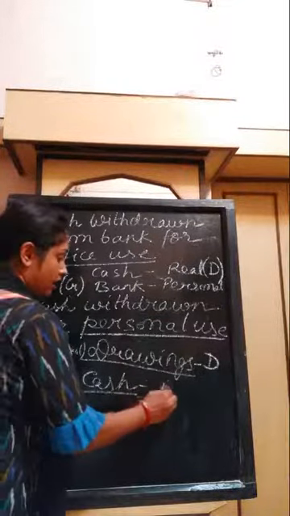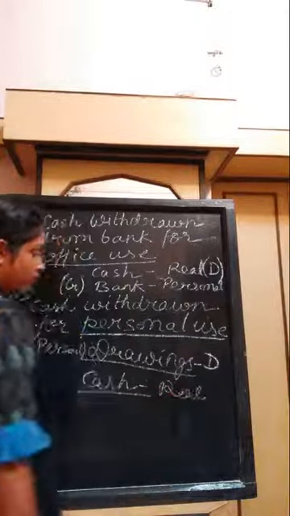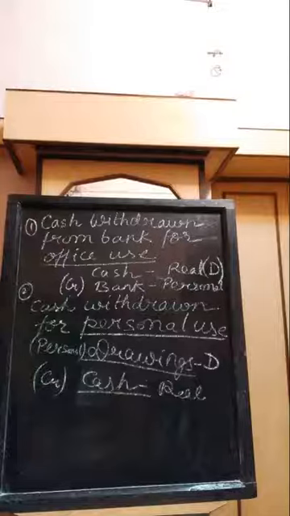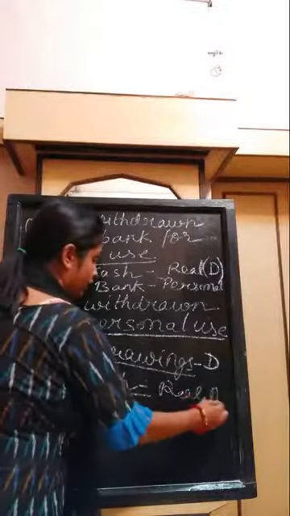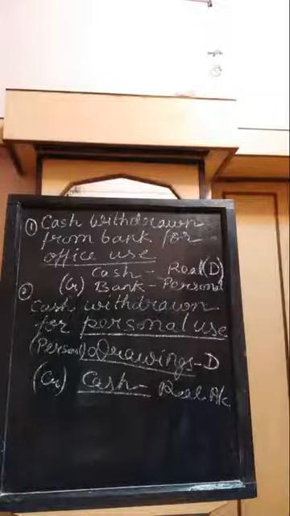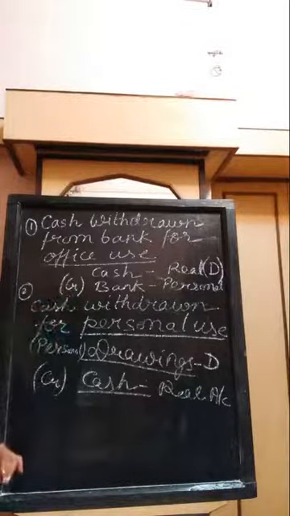It is a real account; what goes out is credit. Following the real account rule, cash will be credit as cash is going out. These are the two clear distinctions.